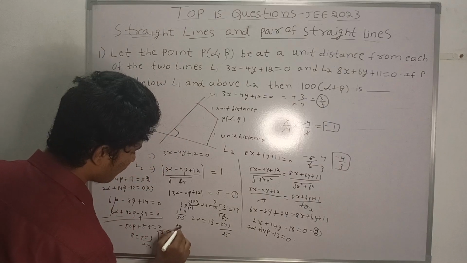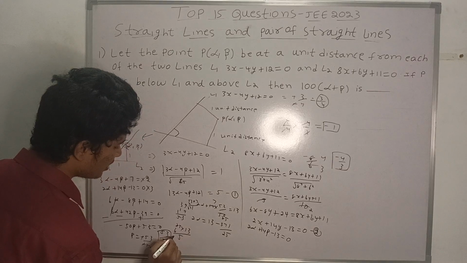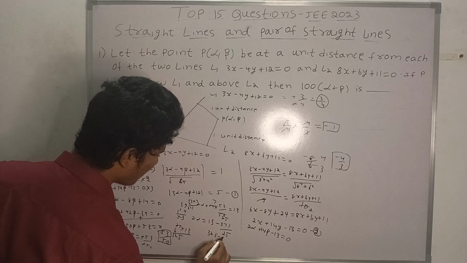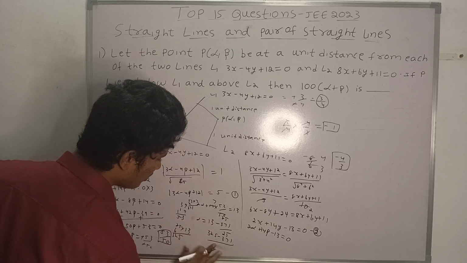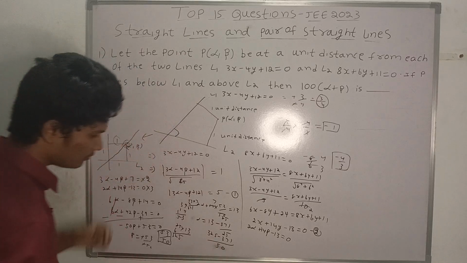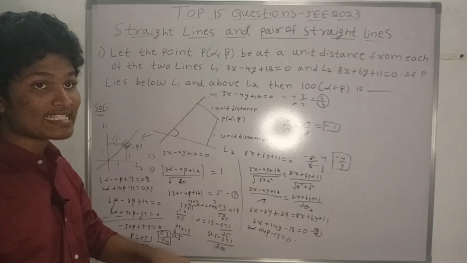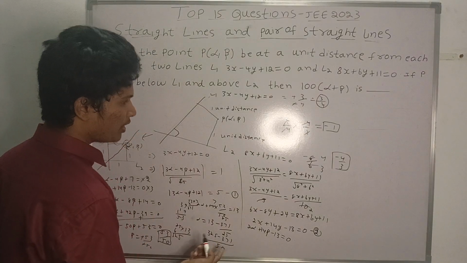And 25 into 13 is 325, so 325 minus 371 divided by 25, and the 2 goes down and it becomes 50. Now it becomes 325 minus 371. How much is it?